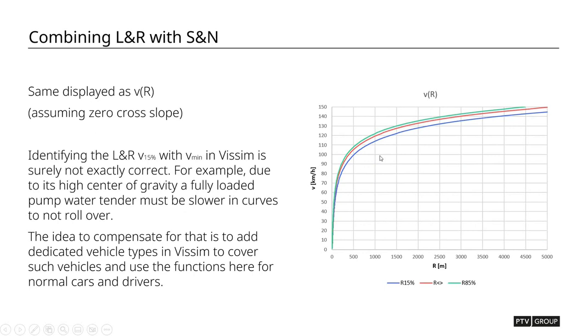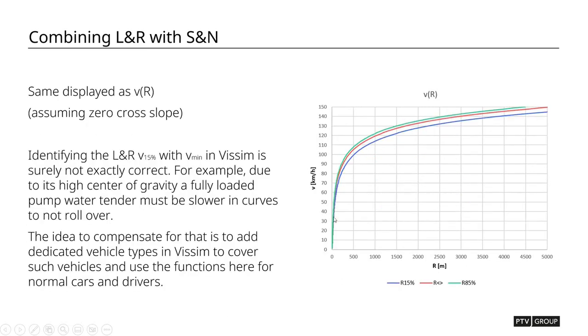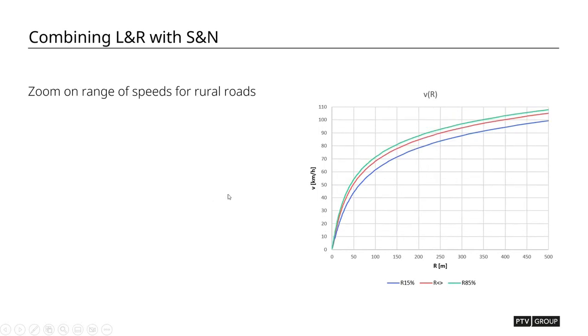So you see how little speed differences, and that's also going to a radius of 5,000 meters, how little a speed difference, which you barely can see here because the radius is so large, what effect it has on lateral acceleration.